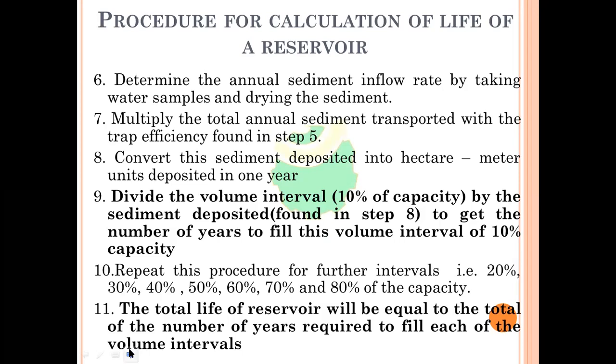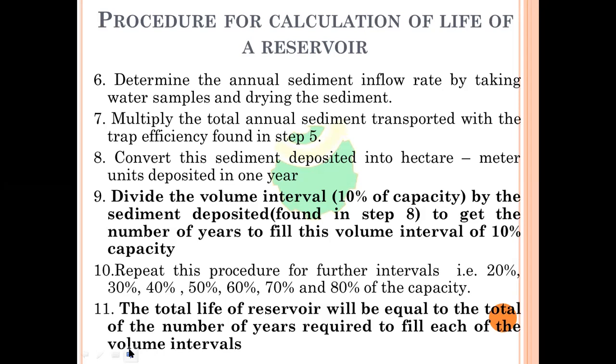After bringing them into the laboratory, filter the water and calculate the weight of dry soil and wet soil. By using those weights, the annual sediment inflow, the weight of the sediment, should be calculated.